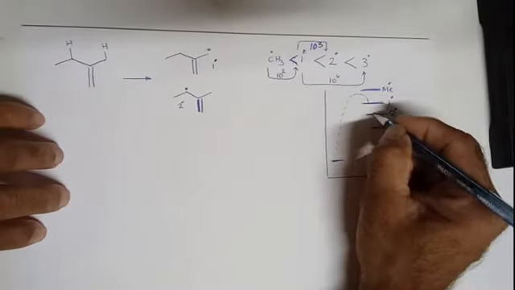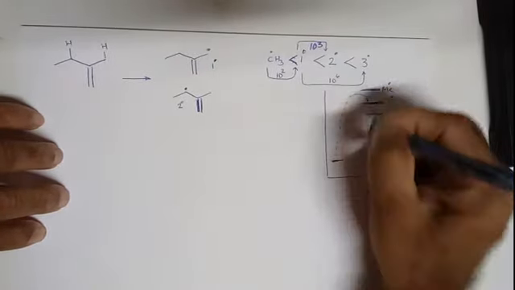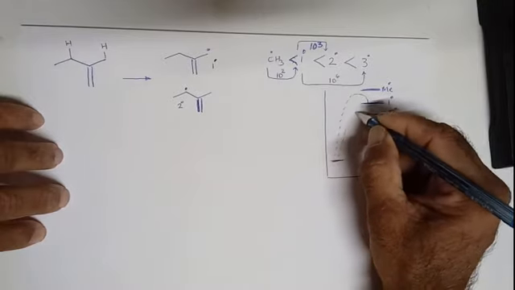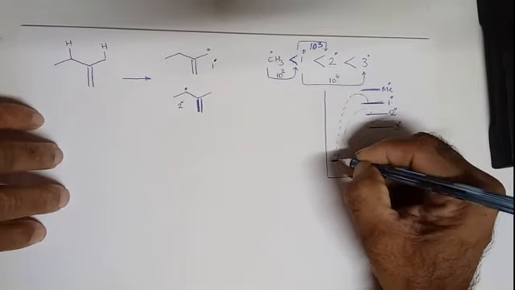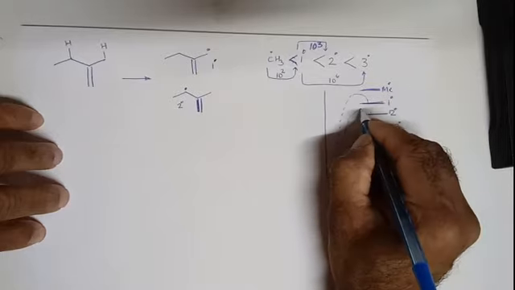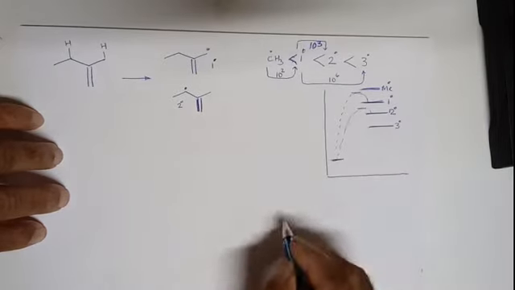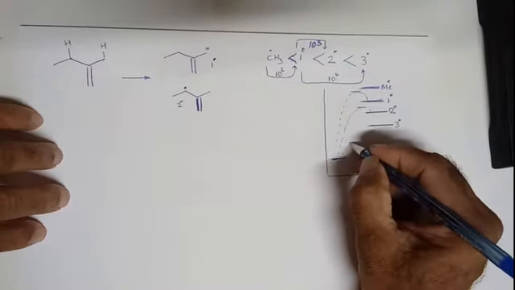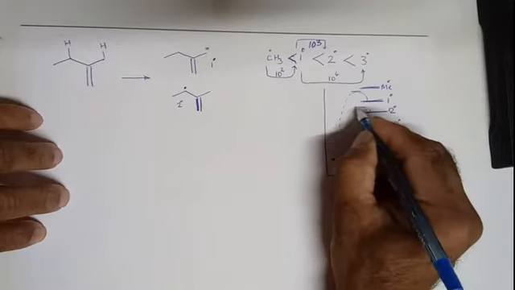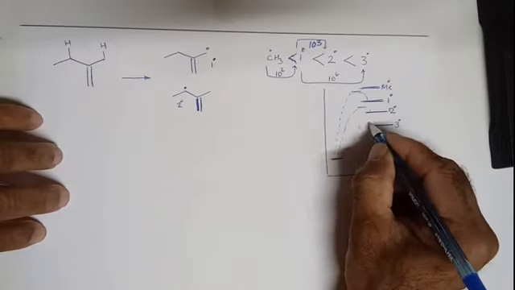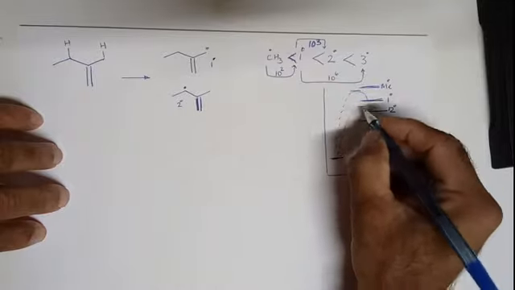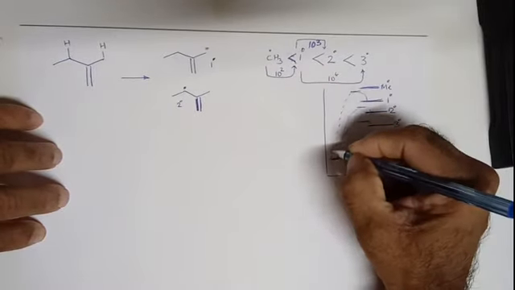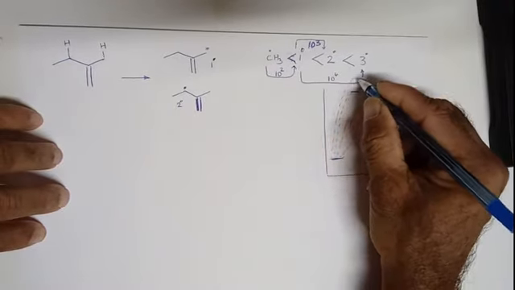To make a secondary radical, do I have to go that high? No, I can squeeze right there. My transition state doesn't have to be as high as this one. And similarly, to go to tertiary radical, I don't have to climb that high, I can just go like this, right? So the transition states are going to be decided by the intermediate stability.